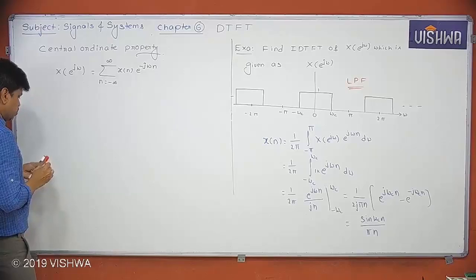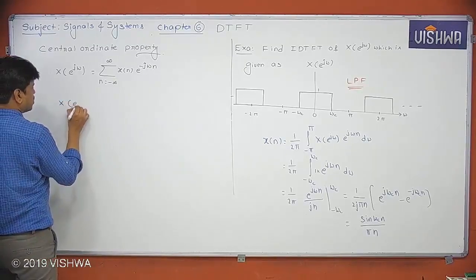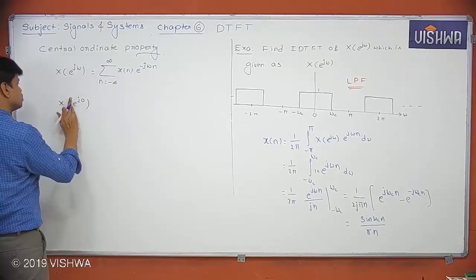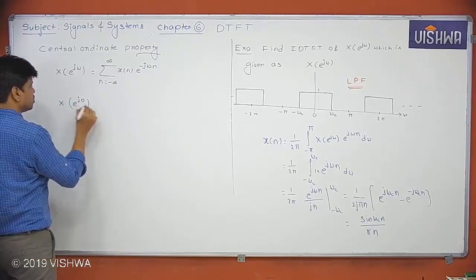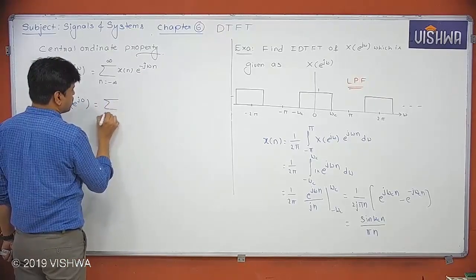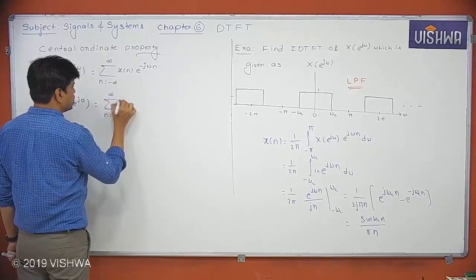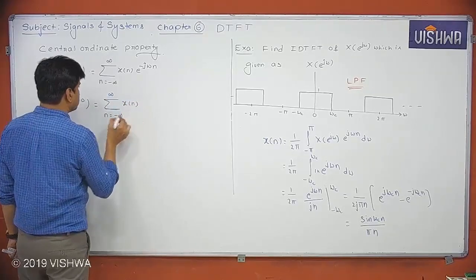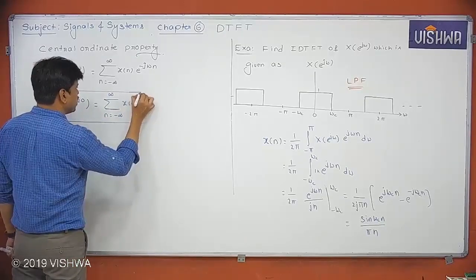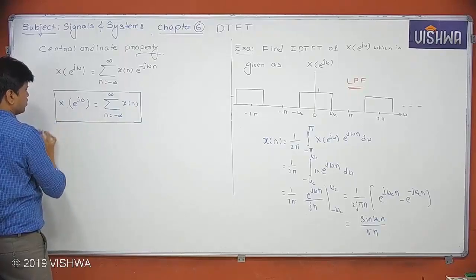From this, what is x of e power j 0? That means omega is equal to 0. If omega is 0, then it becomes the summation from n equals minus infinity to infinity of x of n. So it is the summation of x of n; this is the central ordinate property. In the Fourier transform, we saw the area under x of t; here it is the summation of x of n.